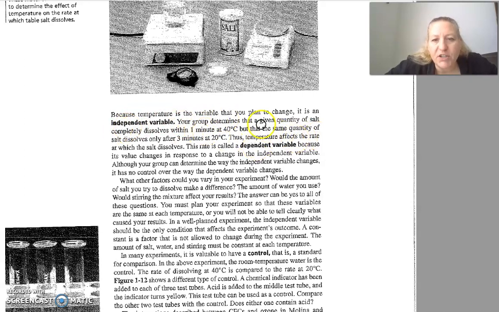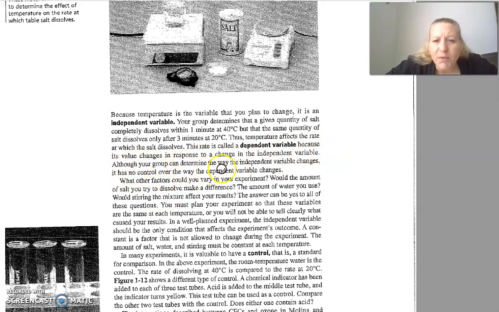Your group determines that a given quantity of salt completely dissolves within 1 minute at 40 degrees C, but the same quantity of salt dissolves only after 3 minutes at 20 degrees C. Thus, temperature affects the rate at which salt dissolves. This rate is called the dependent variable. Okay, so again, this is another vocab word. Because its value changes in response to a change in the independent variable.